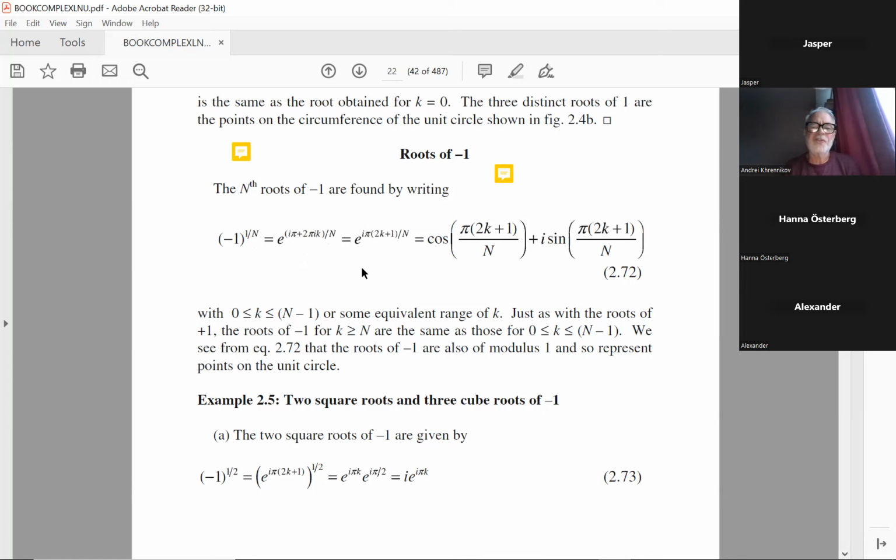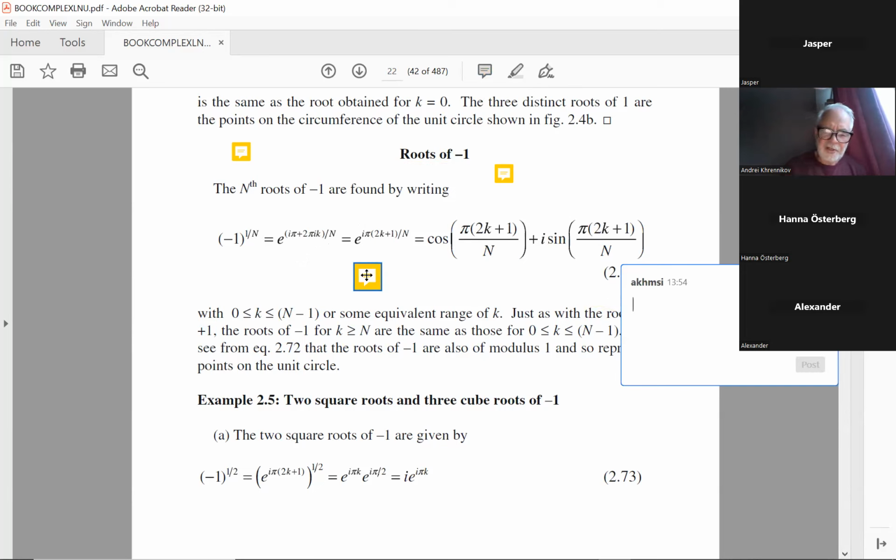K is going from 0 to n minus 1. So maybe we write this also: k equal 0 up to n minus 1. And you can write all roots of -1.